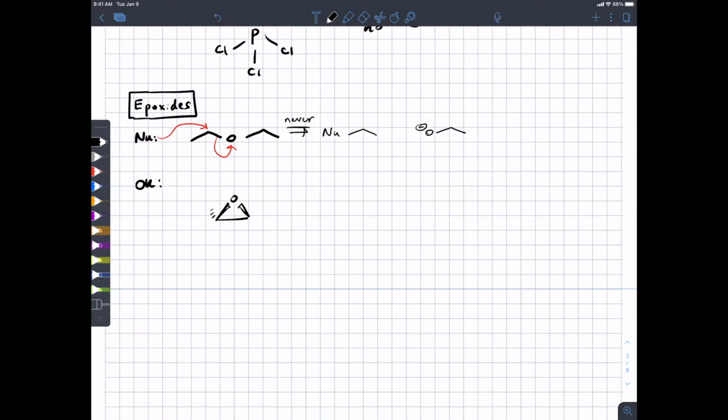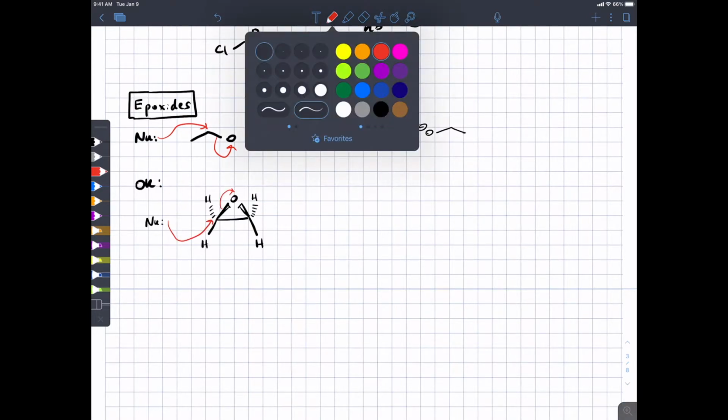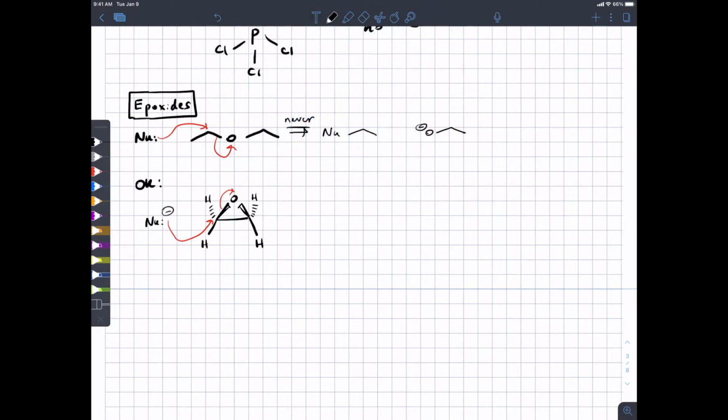So I want you to imagine that the two carbon-oxygen bonds are pointing out of the page towards you, some CH bonds going back into the page and some in the plane of the page. A nucleophile can attack from behind in an SN2 fashion, and I mean a good, strong nucleophile, to cause the negatively charged oxygen to leave.